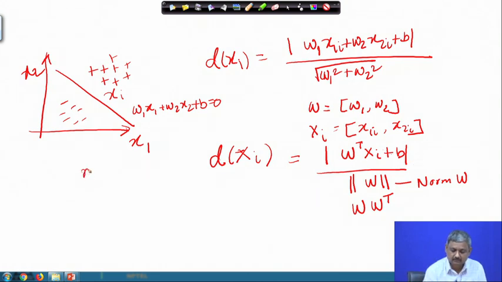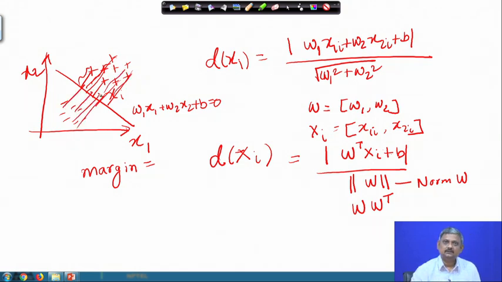And what is my margin? So, distance is this distance, you take any point, drop a perpendicular. These are the distances d_i, d_j, d_1, d_2 and so on. Can you tell what is the margin? The margin now you can see is nothing but the smallest of these values. The closest point will have the smallest perpendicular distance.